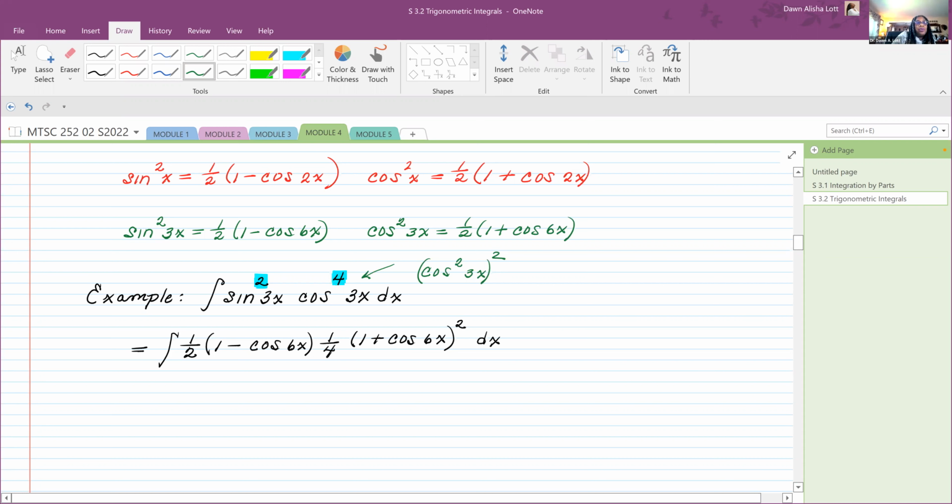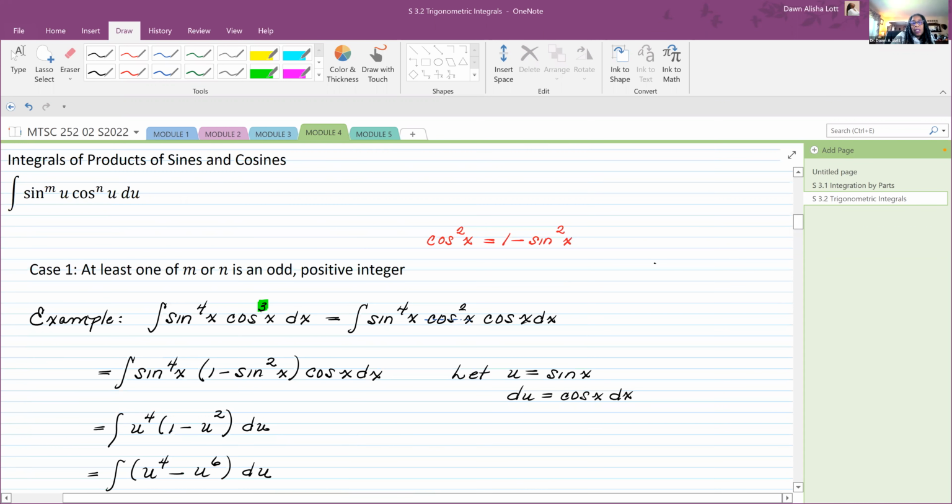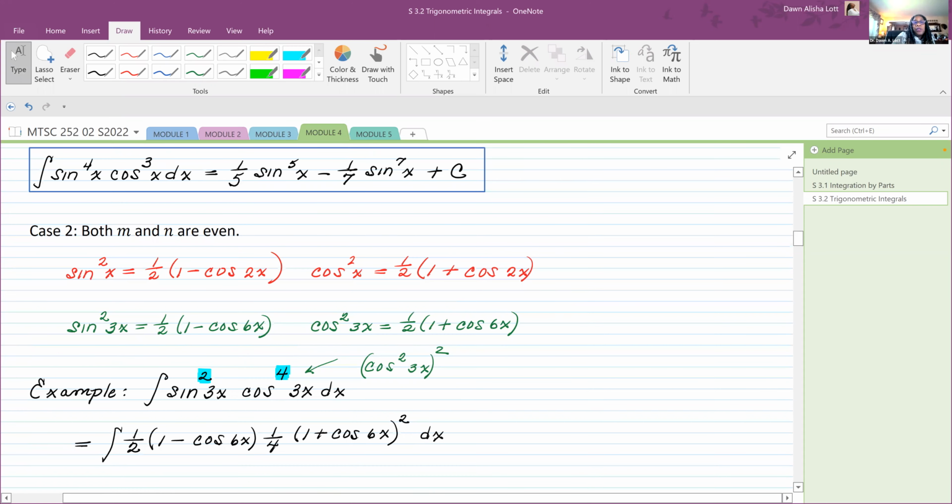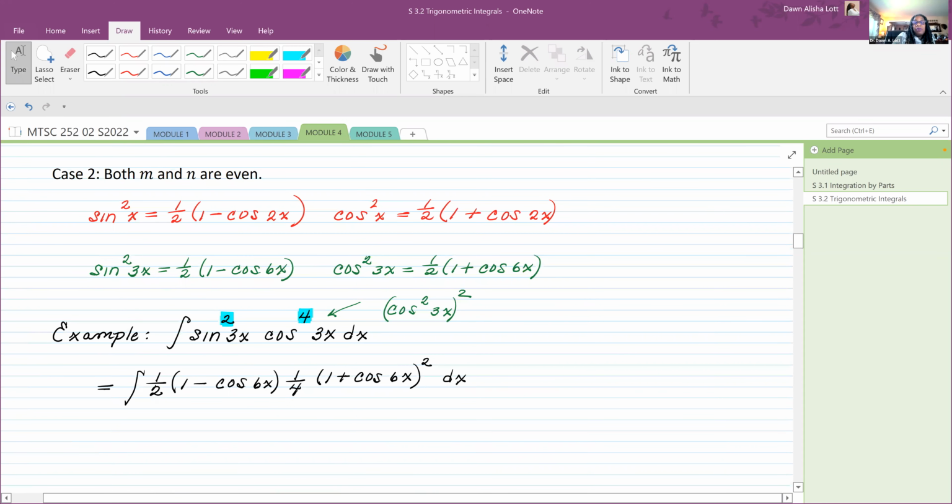Notice I didn't use the other form of sine squared or cosine squared; that one I used to replace things out. This one I use when they're both even. So when they're both even, I have to use the double angle formula.